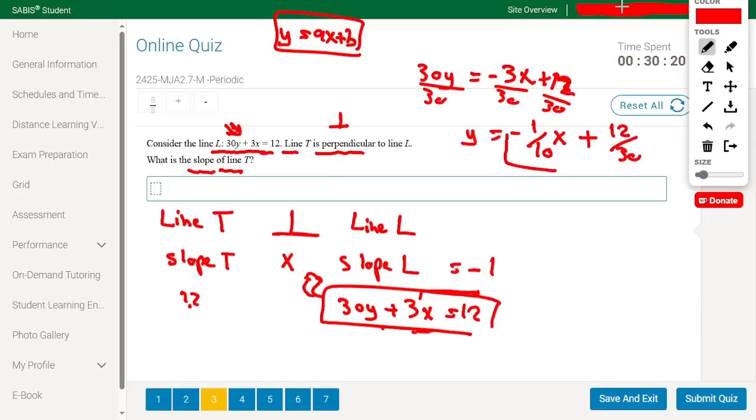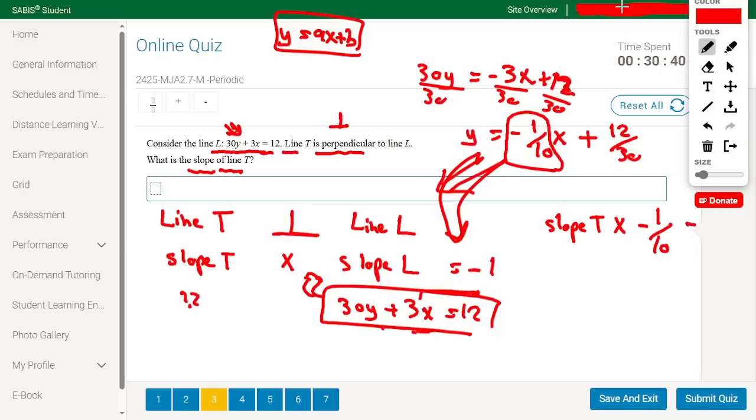Now the slope of the line L is 1 minus 1 over 10. So substitute in this equation: slope times minus 1 over 10 equals minus 1.